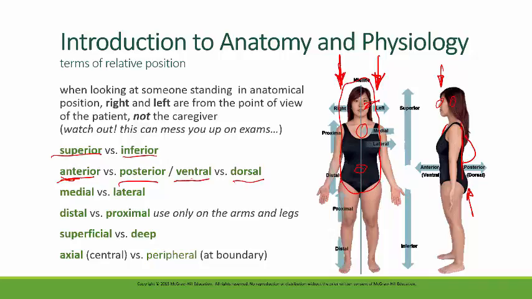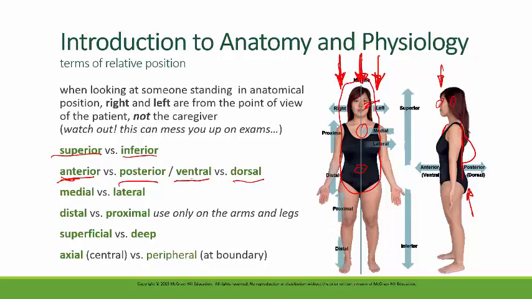If something is medial, it is toward the midline. The midline is the very middle line that runs north and south through the body, from the top of the head down to the feet. Anything that is closer to the midline is medial. Anything that's further away from the midline would be lateral.